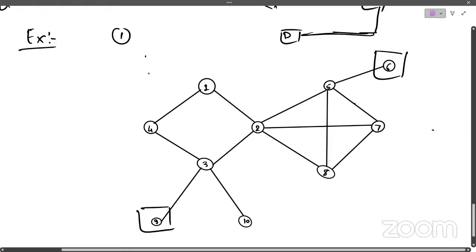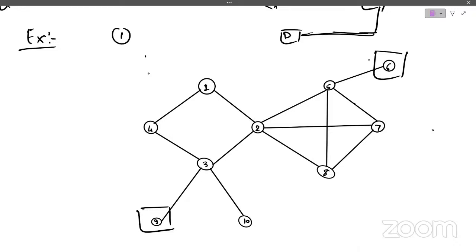Then we can travel in different ways. For example, I can go first to 5, then to 2, then to 3, and then to 9. This is one straight path. Now I am calling this a path because I am not repeating any vertex in between them.